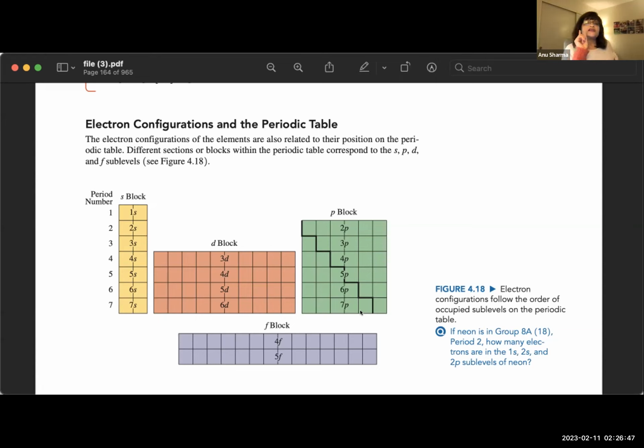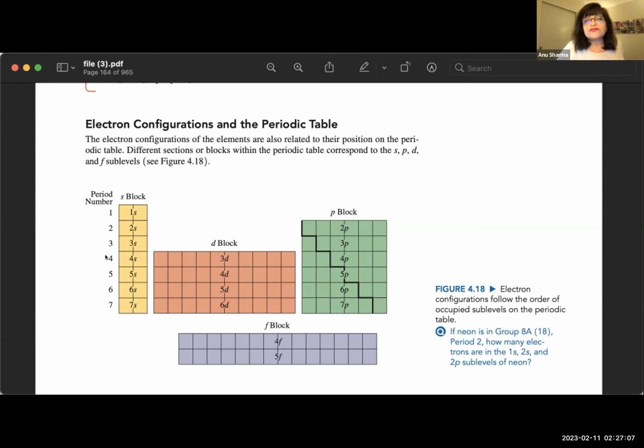Okay, so valence shell 1 electron, if it is present in 1s, then it would be 1s1. If the last electron is in the second energy level, it's 2s1. If the last electron is in the third energy level, it is 3s1.